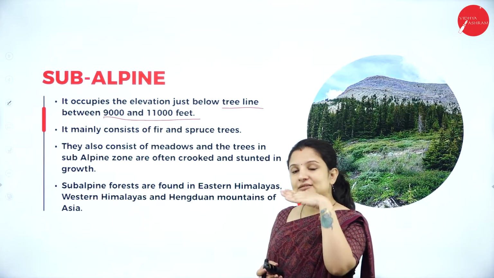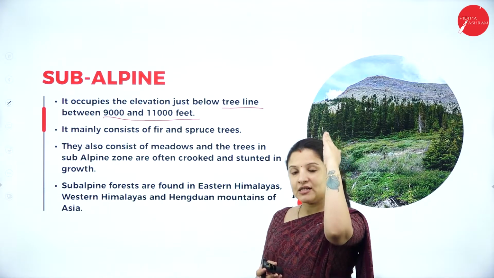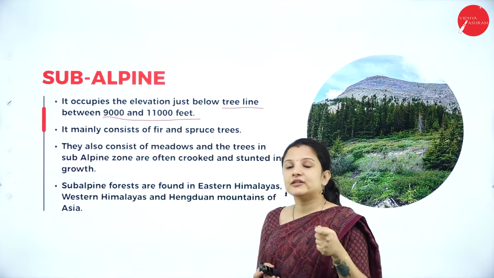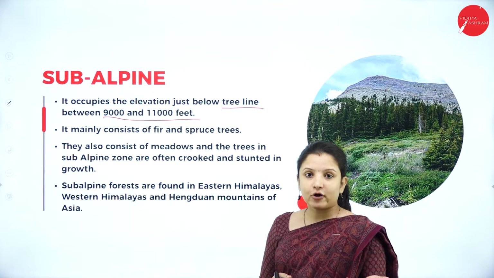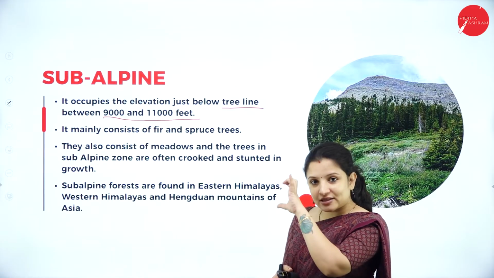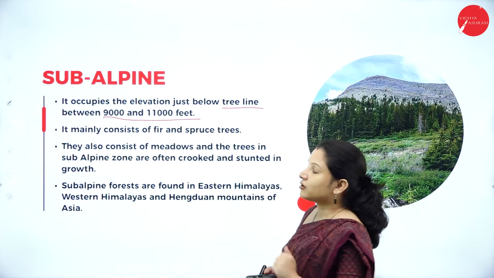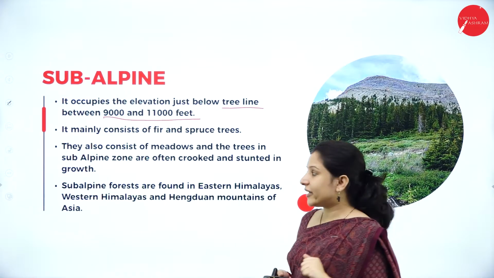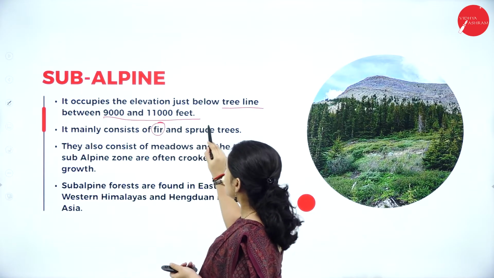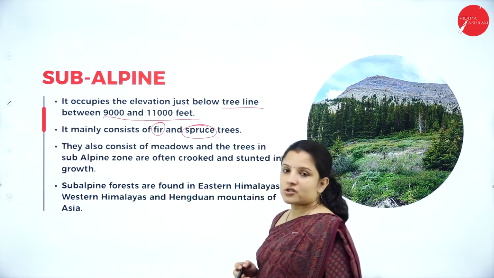That is, it consists completely of coniferous trees, just below where the coniferous trees start. Coniferous trees means pines and all that, they are conifers, right? So at the point where they start, there is one region called the subalpine region of biodiversity, and it mainly consists of trees such as the spruce and the fir trees.